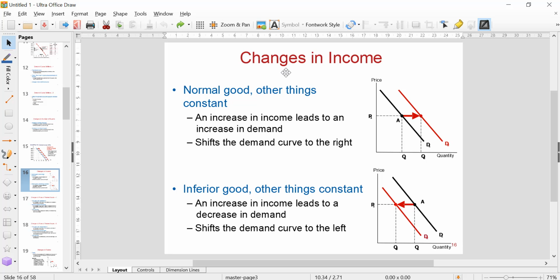But as you get richer, most likely you will start taking a taxi or buy a car and drive to work. So your income increasing reduces the demand for bus rides. So there is a shift to the left of the demand curve for bus rides.